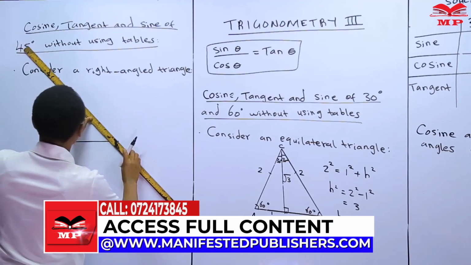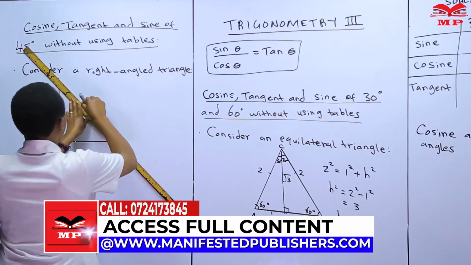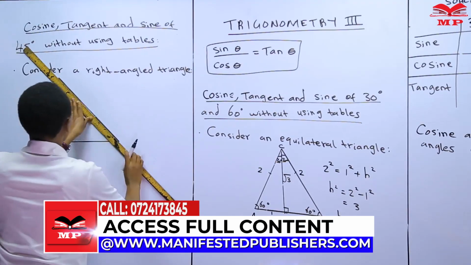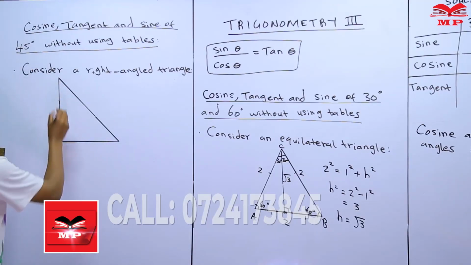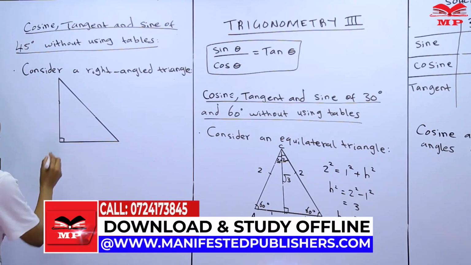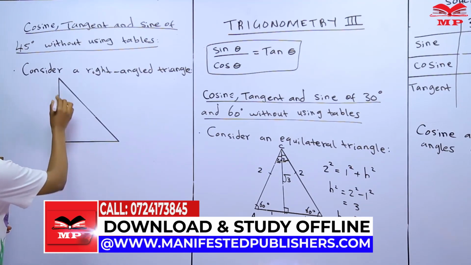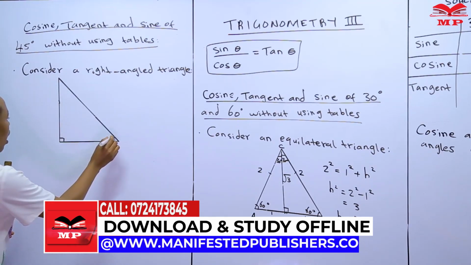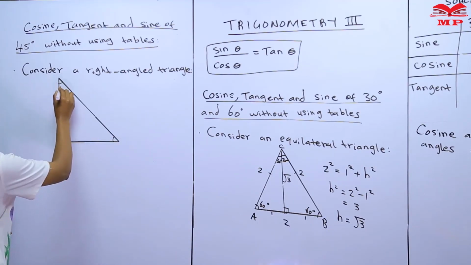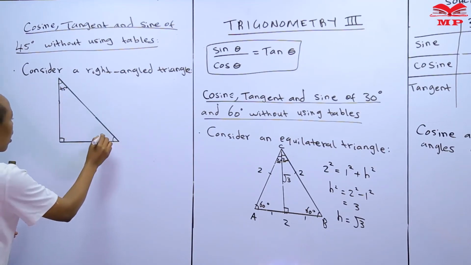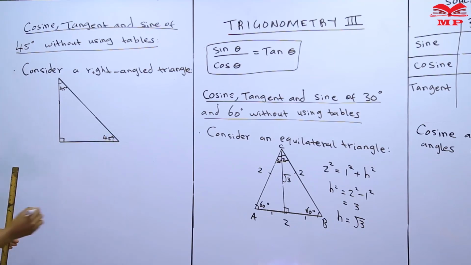So we have a right-angled triangle here. We have it this way. This is our 90 degrees. This side is our base. Because this is 90, this is 45 degrees, and this one is 45 degrees again.